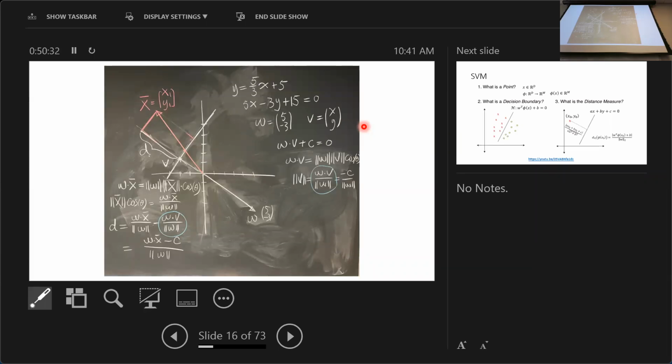We try to make this as easy as possible to compute, in order to achieve high computational efficiency. And you can also do this for many data points at the same time. Put all the vectors into a matrix, and with the same formula, same dot product, same C, you get all the distances between all the data points and this line.